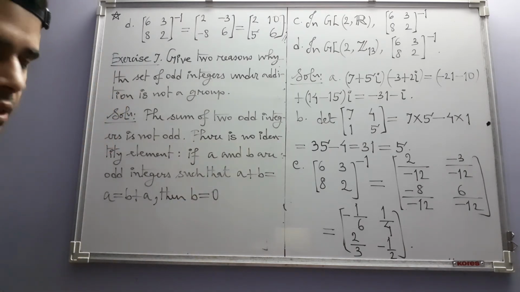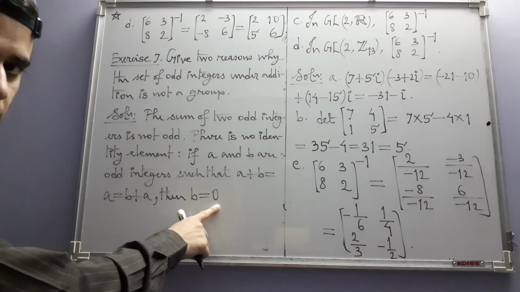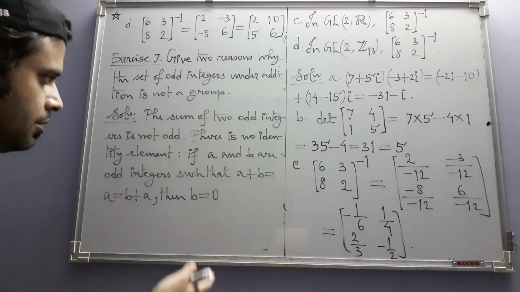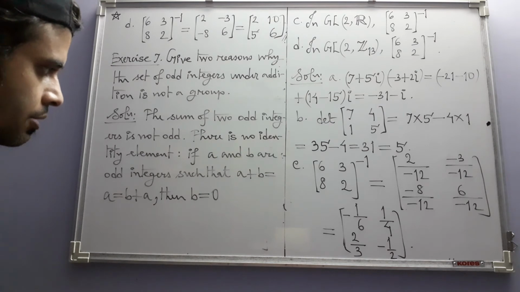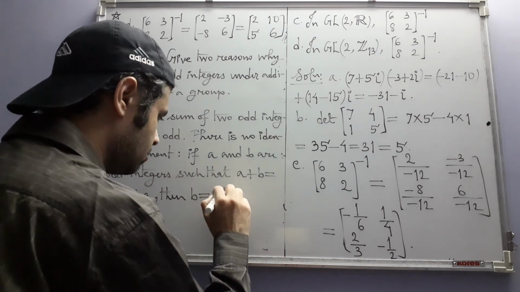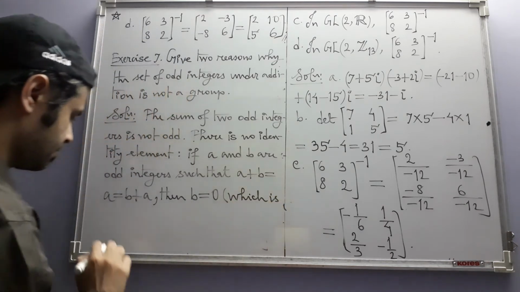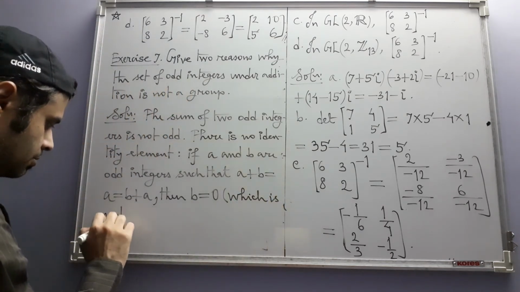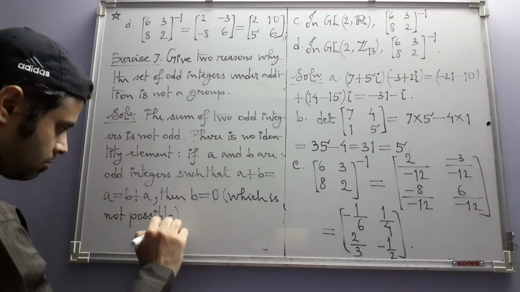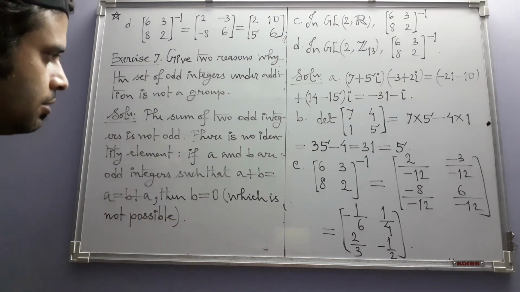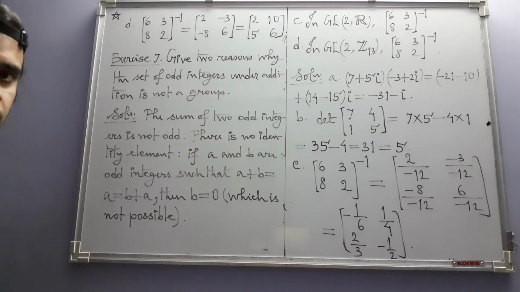But B is an odd integer, so these equations demand that B must be equal to 0. So that's why there is no identity element in the set of odd integers with respect to the operation of addition, which is not possible. Okay, so this is another reason for this system to not be a group.